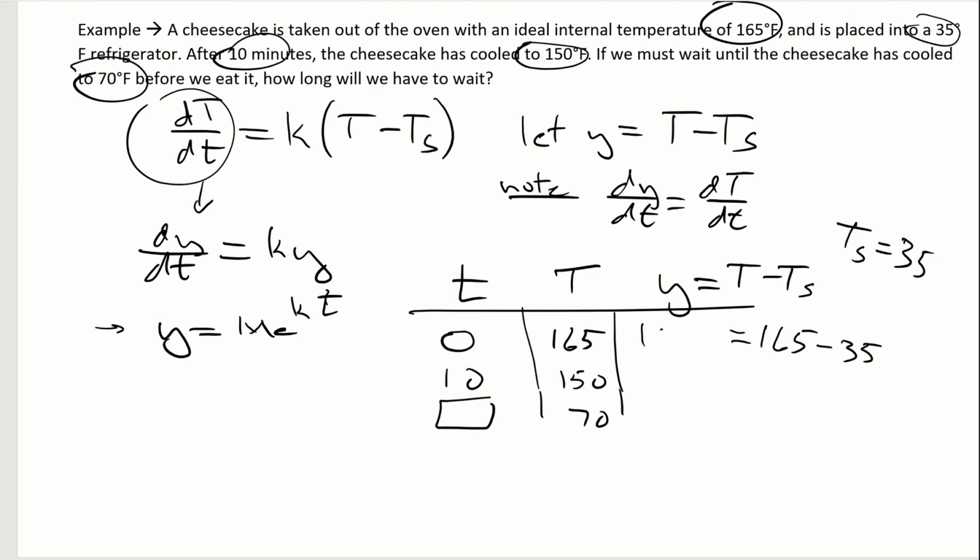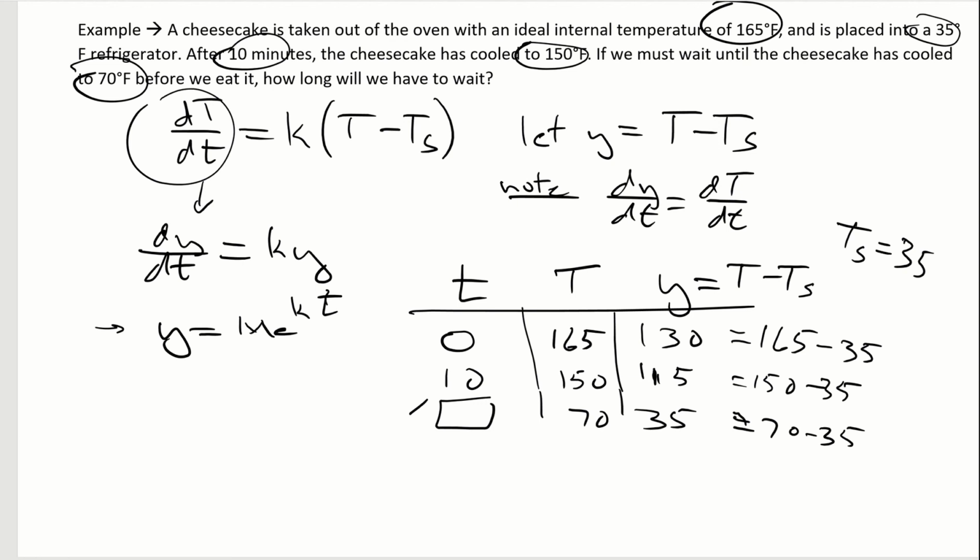So instead of 165, we actually have 130. For this one, 150 minus 35 gives us 115. And we're interested in when we're at 70. So 70 minus 35 brings us down to 35, doesn't it?